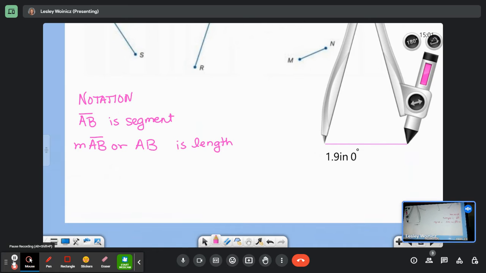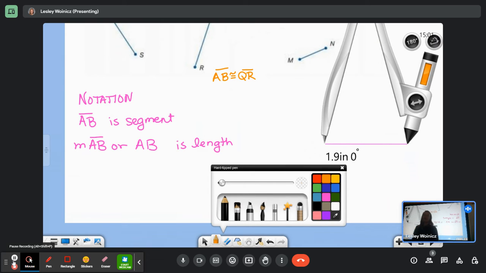Okay, so can you guys give me one of the congruent pairs? What was AB congruent to? QR. Okay, so AB was congruent to QR. Make sure that you have the segment bars over both of those. If you measured those with the rulers, what is the same about their measures? Well, I kind of said the answer, didn't I? The measures are the same, right?